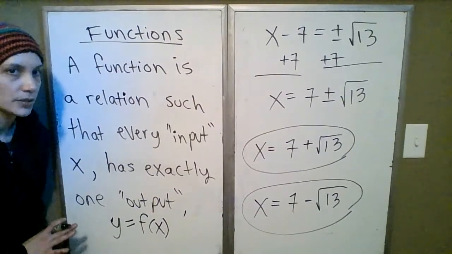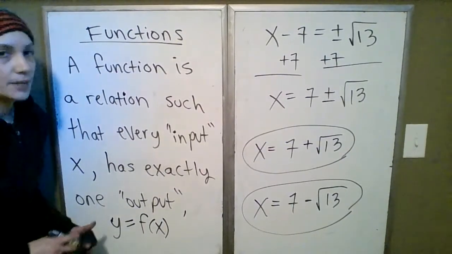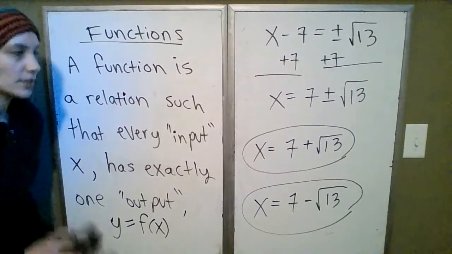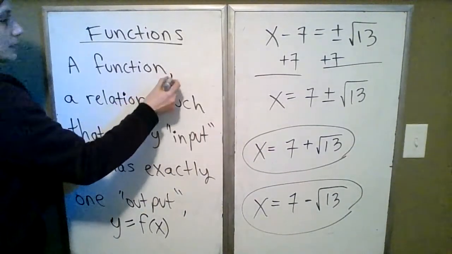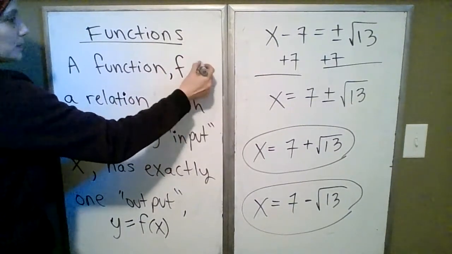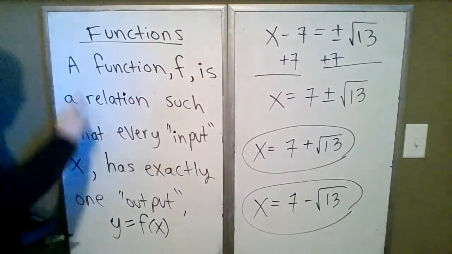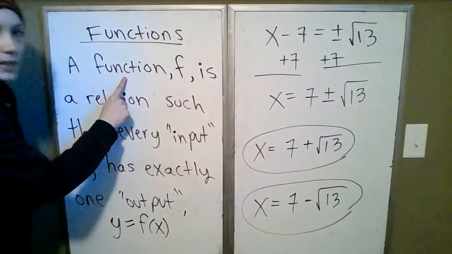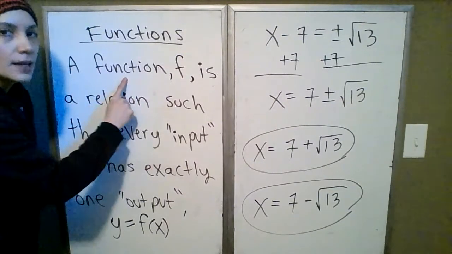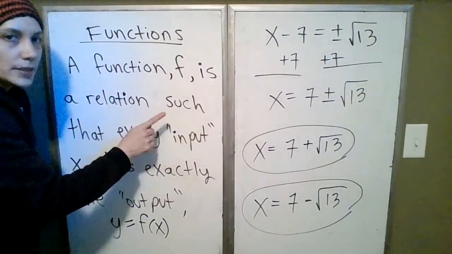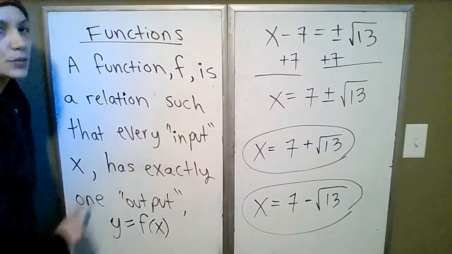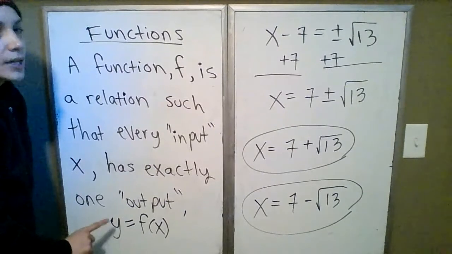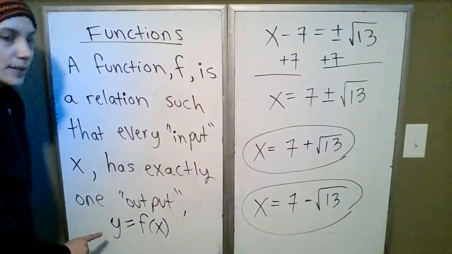So I like to draw a picture. Also, we're going to have a name for a function. The function's name is f. Okay, a function, this is by definition, is a relation such that every input x has exactly one output f of x, which we also call y.